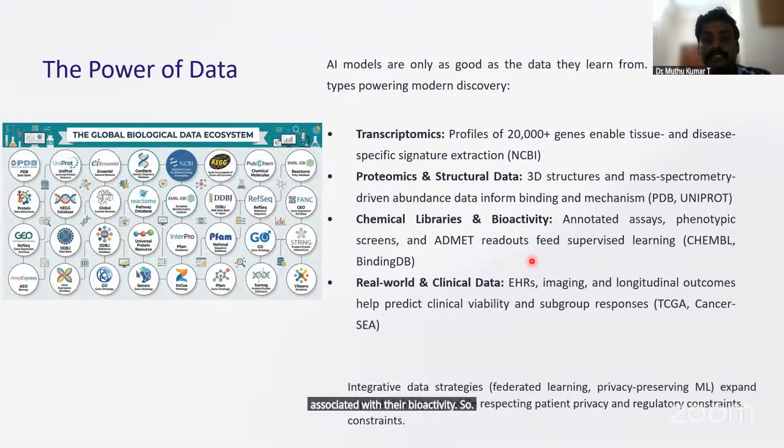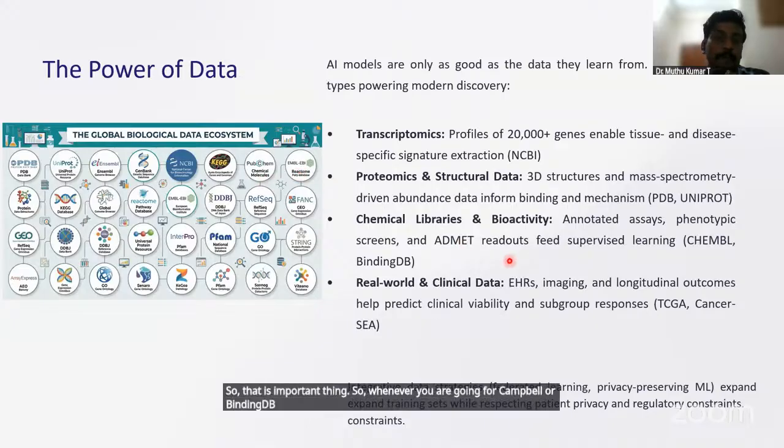Getting a chemical is easy, but getting a chemical with its bioactivity data is the important thing. Whenever you go to ChEMBL, BindingDB, or PubChem, many of you know that we can download the structure of the chemical. But there is hidden information also available, which is nothing but the bioactivity.